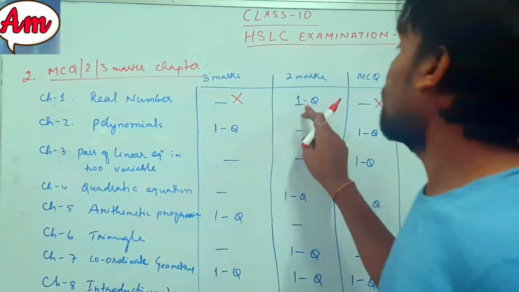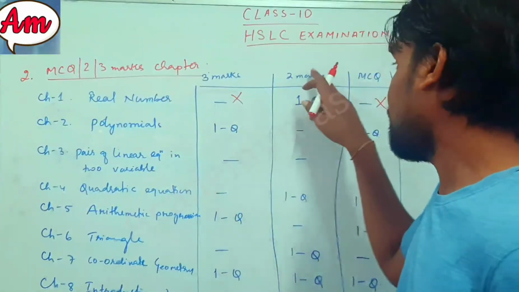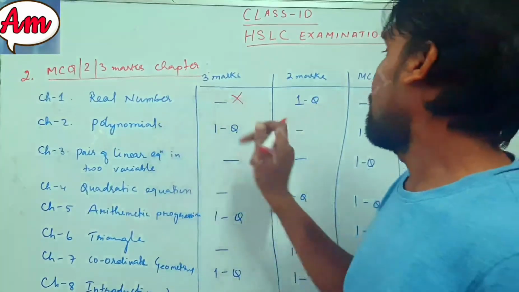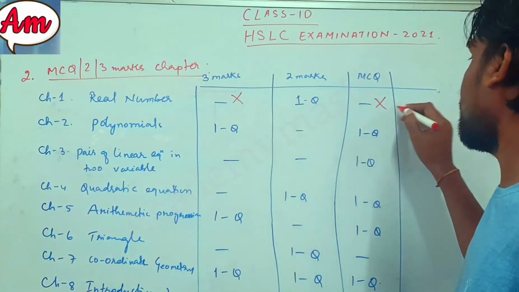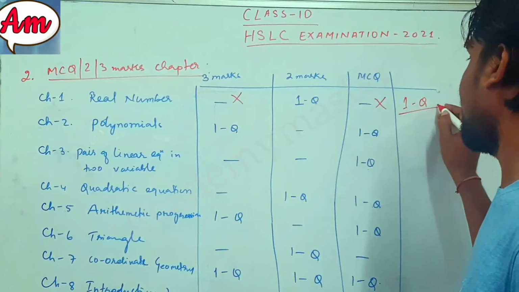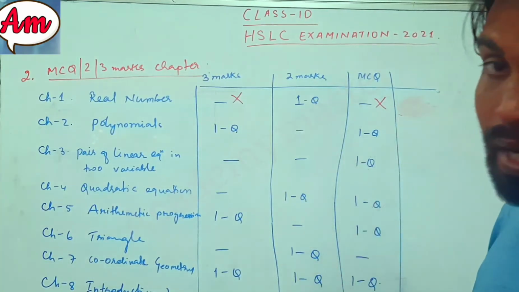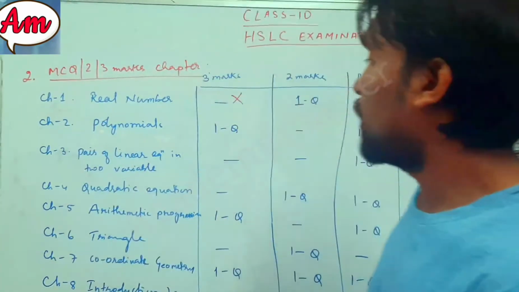Only one 2-mark question, under the 2-mark section, you will get from real numbers. So the total number of questions which will be asked from this chapter is 1 question, and it consists of 2 marks. I hope the point is clear. Moving on to the second chapter, polynomials.